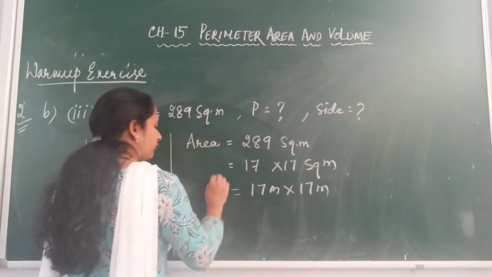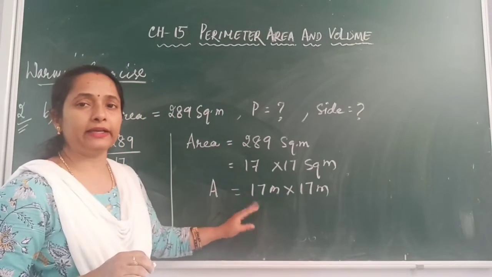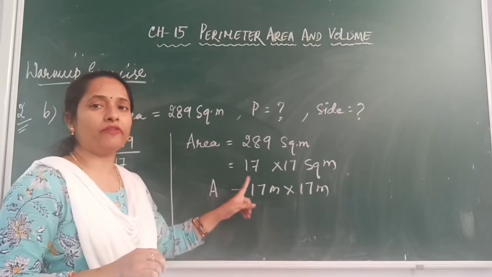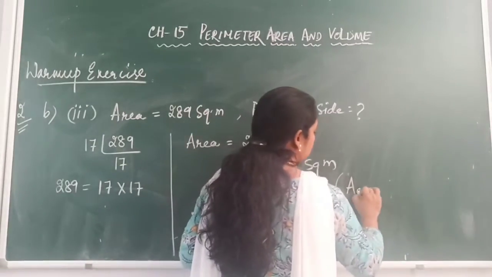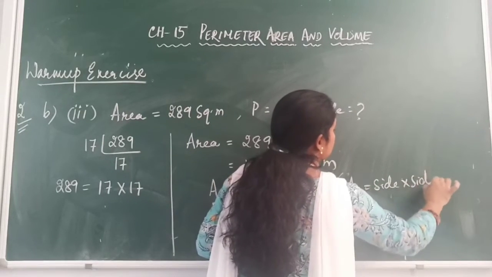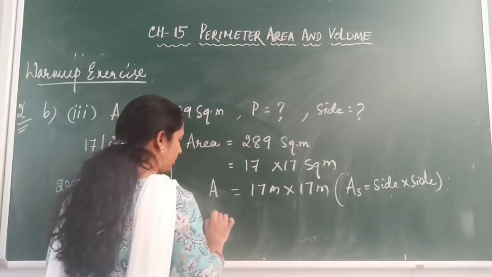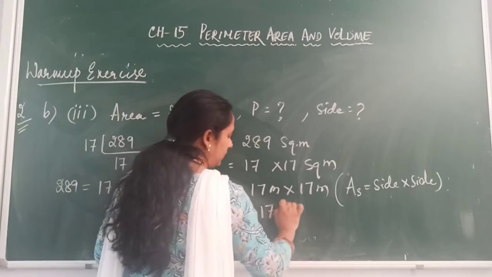This means from this what did we come to know? That as the formula for area of a square is equal to side multiplied by side, what will be the length of the side here? Here side will be equal to 17 meters.